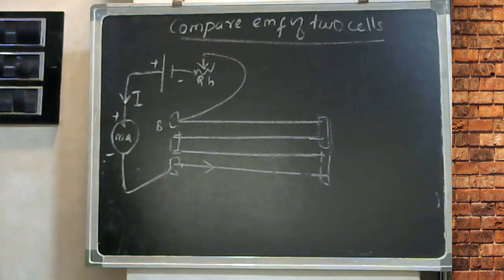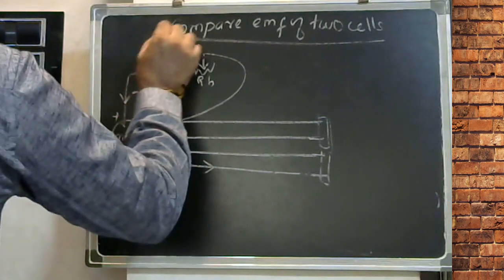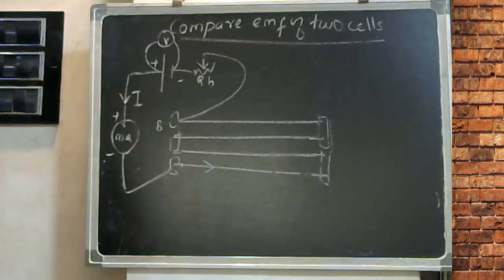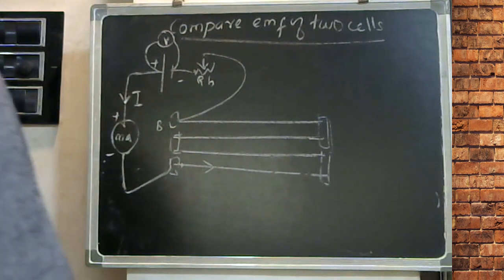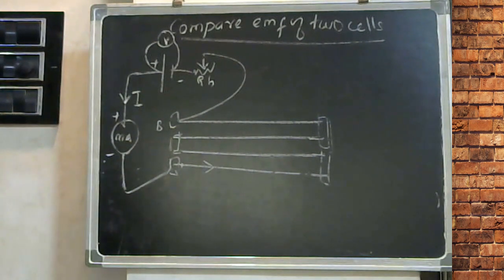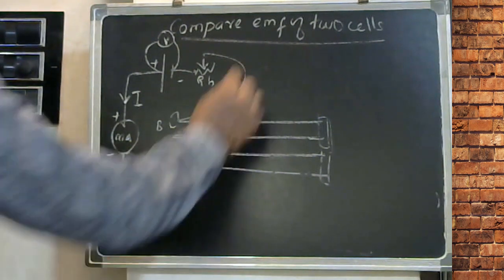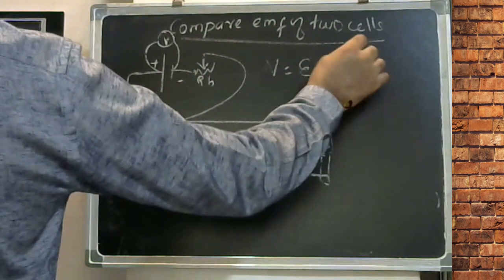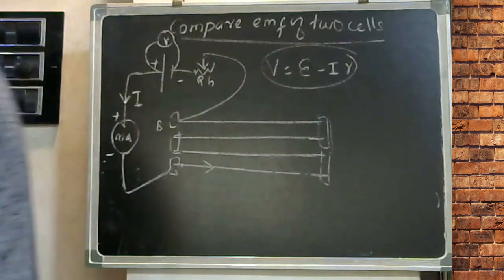What if I put a voltmeter across my battery? What will it measure? The problem is when you connect a voltmeter across your battery like this, the voltmeter will measure the terminal potential difference but not the EMF. You know, terminal PD V is always equal to E minus Ir. So you cannot get the EMF value by using a voltmeter.